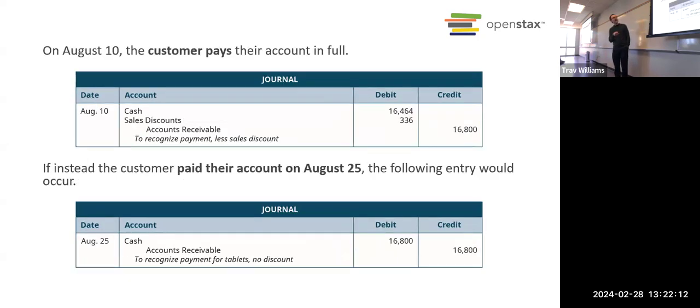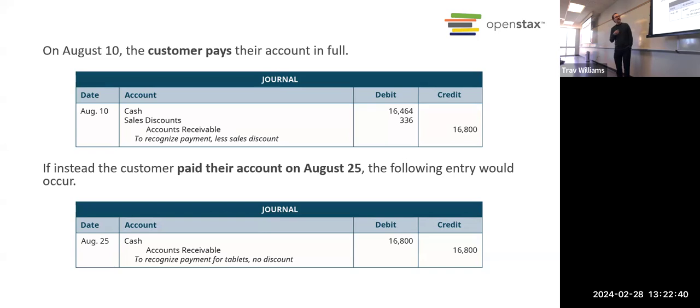So the way this was calculated, the total amount that the customer owed gets wiped off of their account receivable. Then we multiply that by 2% to get the amount of the discount. And the difference is what they pay. Do our debits equal our credits in this transaction? Yes. They always have to equal, right?